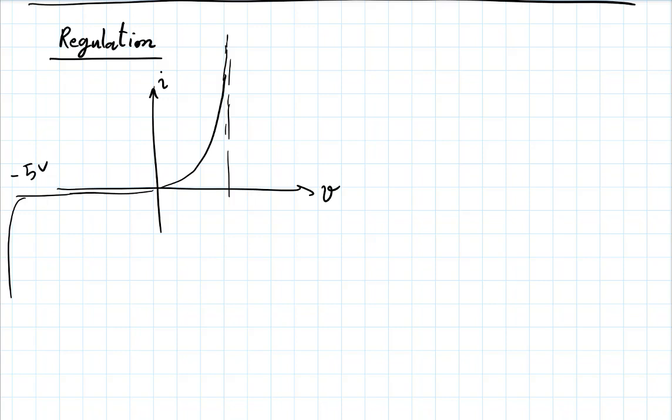You don't have a whole range there. So if you wanted a regulator that would give you a 10 volt voltage, this is not going to be helpful. But the reverse breakdown voltage, you can get a whole range from a few volts to a few hundred volts in different components.